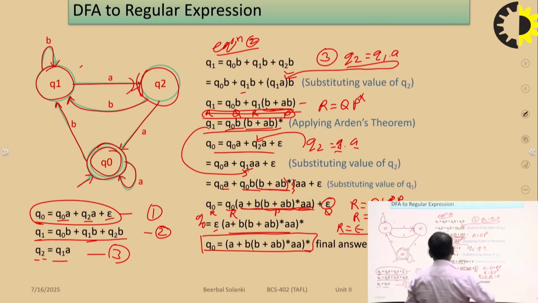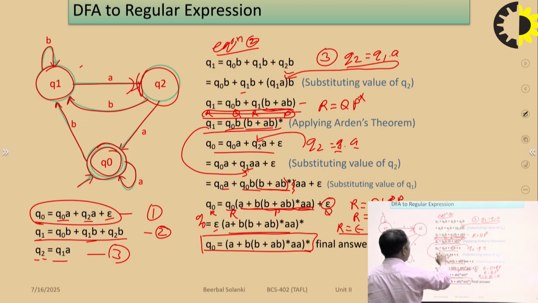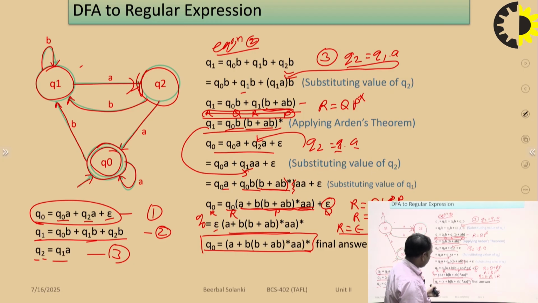Convert Q naught into a different form and apply Arden's theorem, again convert Q naught into another form and apply the Q1 value, and we find the answer for the given DFA machine. So this is the solution for converting the given DFA into a regular expression.